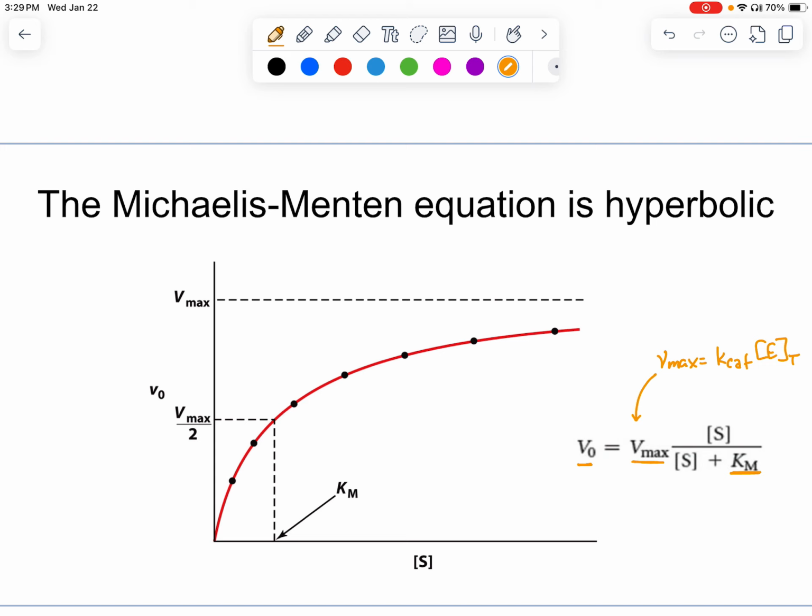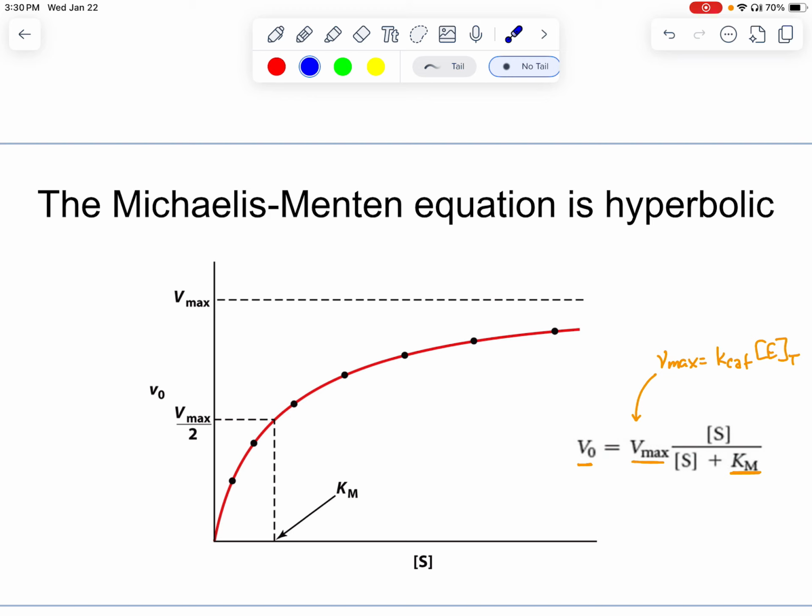The Michaelis-Menten constant and kcat really tell us a lot about our enzyme. They describe our enzyme. Vmax can vary because the enzyme total, the amount of enzyme, can vary. But kcat and Km are really going to give us some important information about our enzyme.